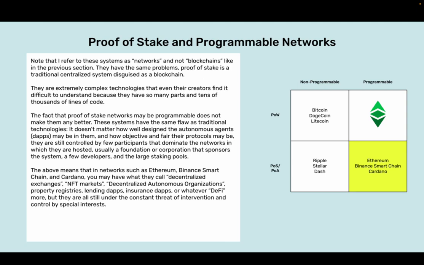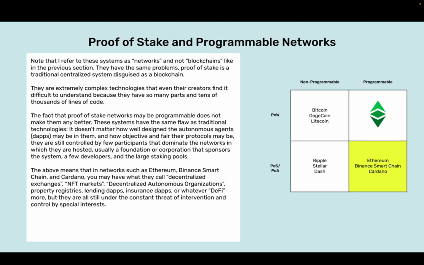It doesn't matter how well designed the autonomous agents, dApps, may be in them, and how objective and fair their protocols may be, they are still controlled by few participants that dominate the networks in which they are hosted, usually a foundation or corporation that sponsors the system, a few developers, and the large staking pools.